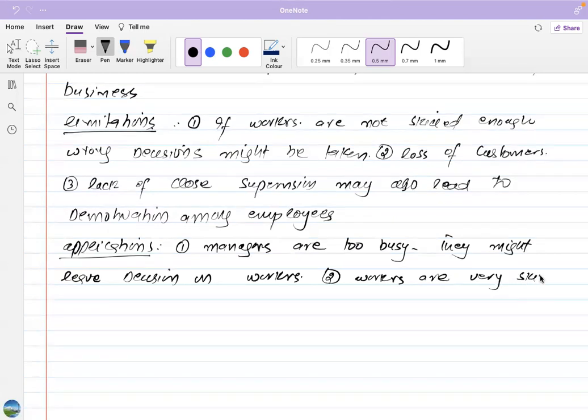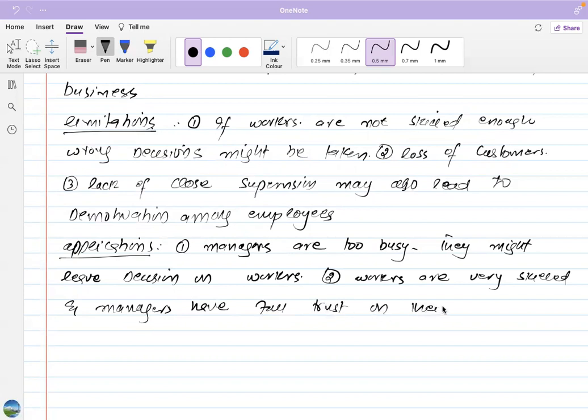Workers are very skilled and managers have full trust in them. So this is also a situation where this style of leadership is very applicable.